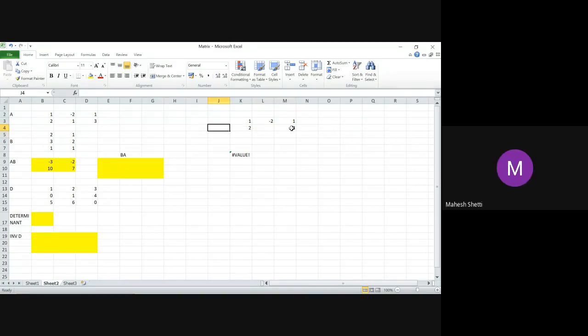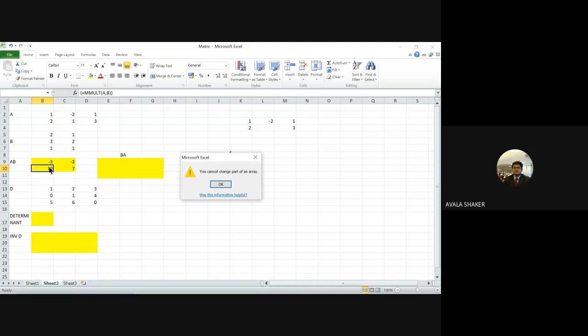Because this is not in the output array, it doesn't allow. See, you cannot change a part of the array when I try to delete this.